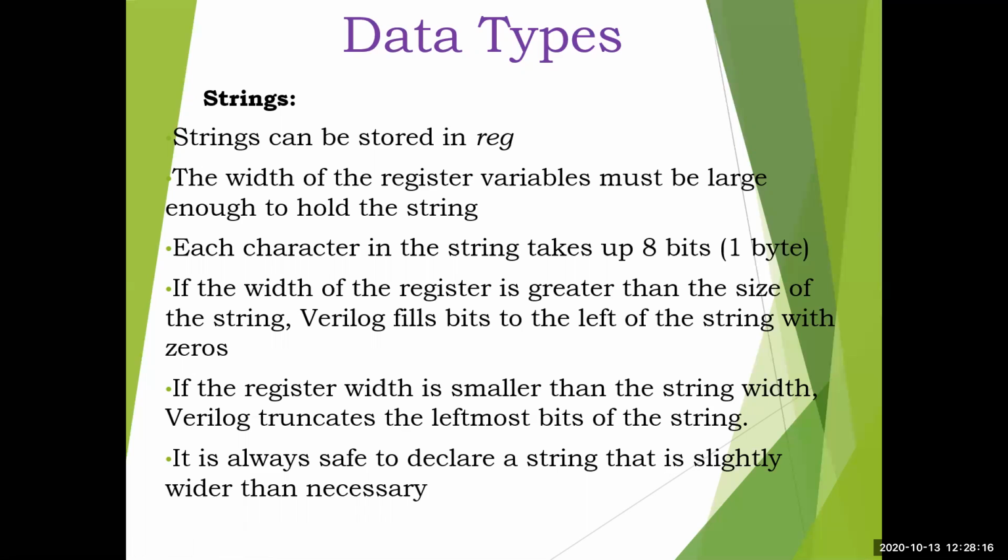If you want to say hello Verilog world, so more characters are there and your size is less, it may truncate the left side. Hello will be removed and only Verilog world may print, or something like that. So truncation will happen if you do not specify the width of the register properly. It is always safe to declare a string that is slightly wider than necessary. It is a normal practice to keep it a little bit higher.